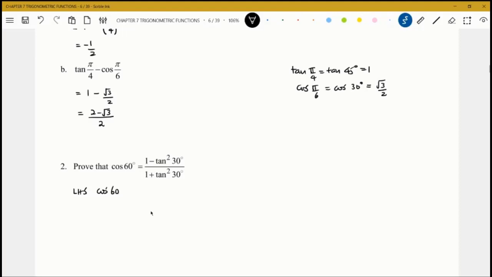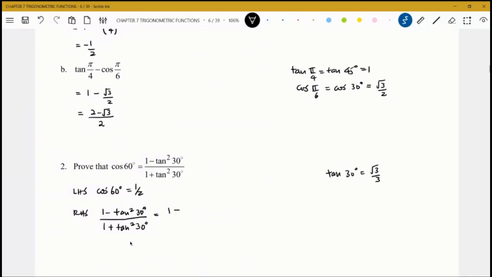So cos 60 degree, we know its value is 1/2. Okay, and then right hand side, where we have 1 minus tangent square 30 degree divided by 1 plus tangent square 30 degree. So tangent 30 degree, the value is square root 3 over 3. So we substitute into this part.